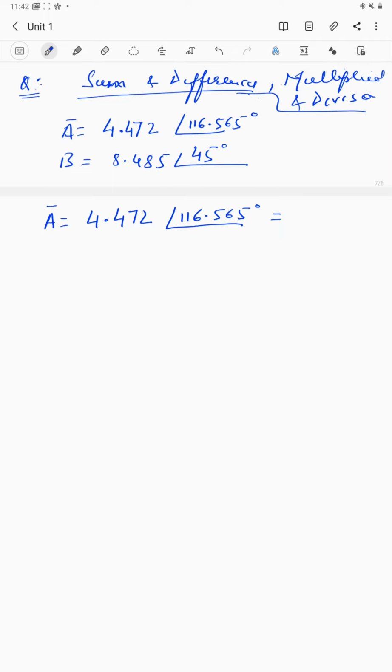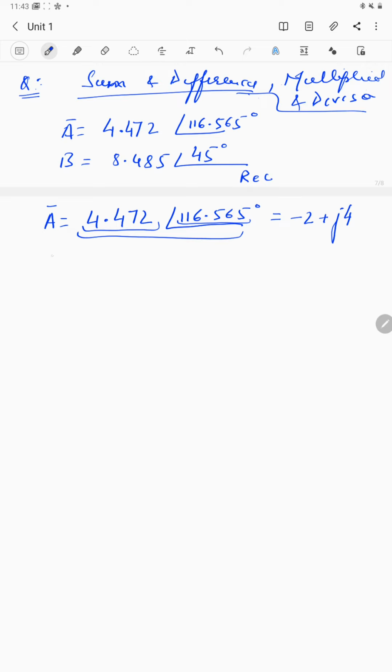When you use the calculator, two switches are given, REC and POL. To convert polar to rectangular, write REC and then enter these values, 4.472 and the second value 116.565. Then you will get both values, the real and the imaginary value.